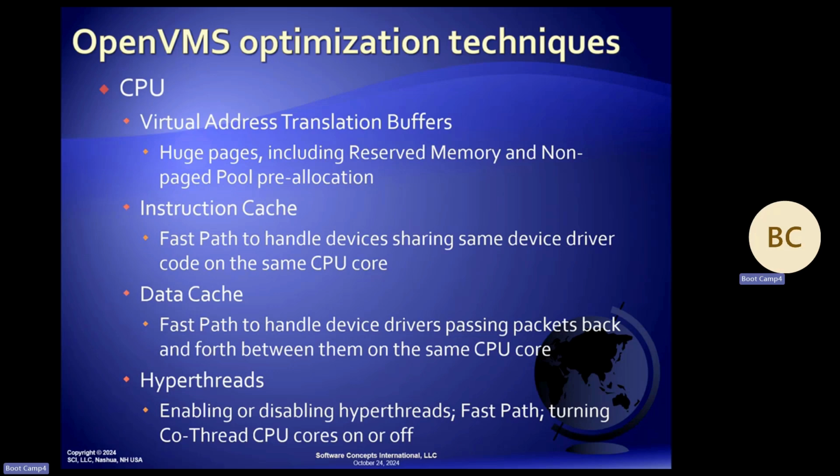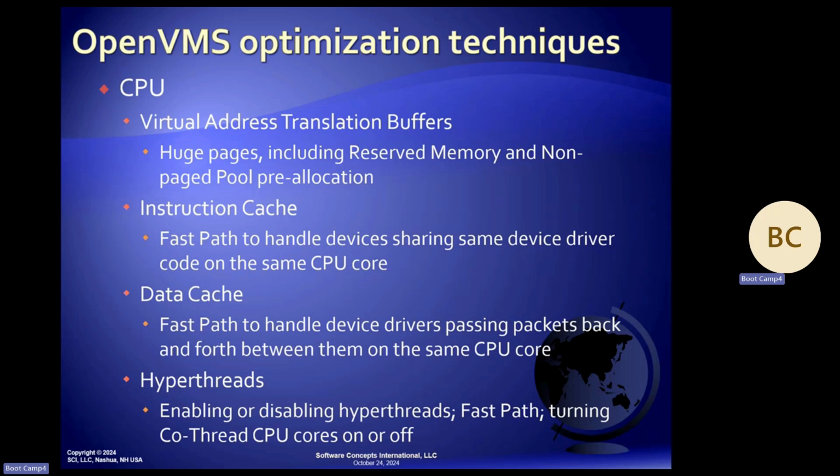VMS by default tends to spread devices of the same type across a whole bunch of different CPUs. The interrupt service routine might be in a different CPU's cache, but the odds are much better that it's still in the cache when an interrupt comes from a device of that type if you direct the interrupt service work for all of those like devices to the same CPU.